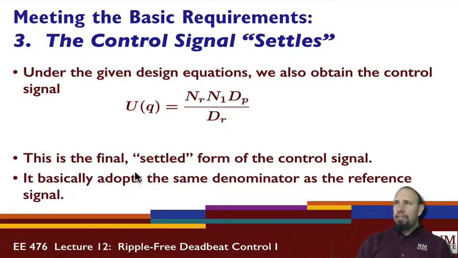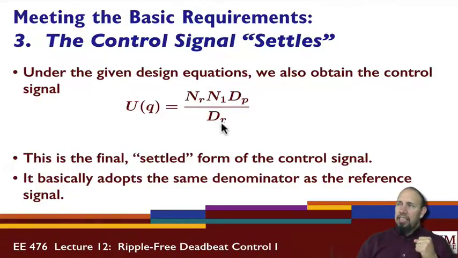So this is the final settled form of the control signal. For example, if you have a step input that you're applying, the denominator of that step input basically requires that our control signal, after everything is settled, be a constant.